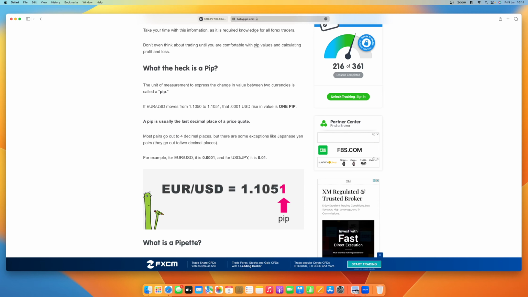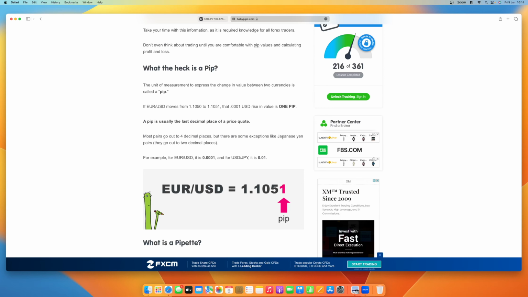Now, a pip is usually the last decimal place of a price quote. Like I told you, the fourth one. Most pairs go out to 4 decimal places, but there are some exceptions like Japanese yen pairs. Any pair that has JPY is going to give you 2 decimals instead of 4, not taking the pipette into consideration.